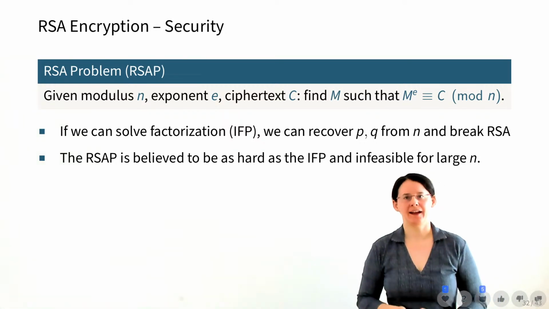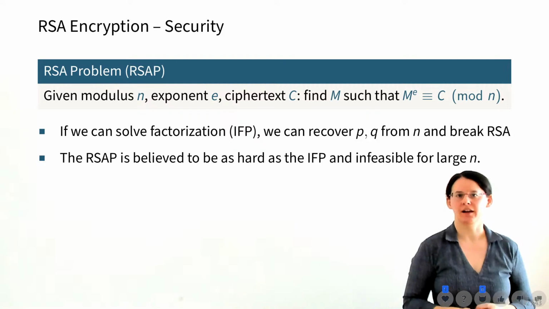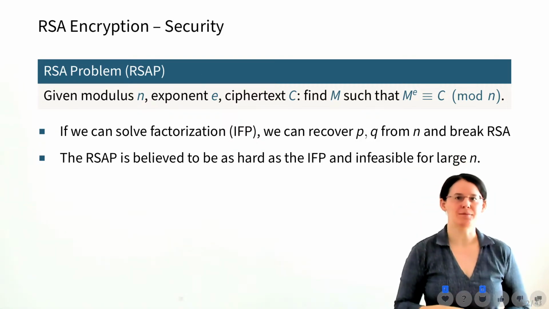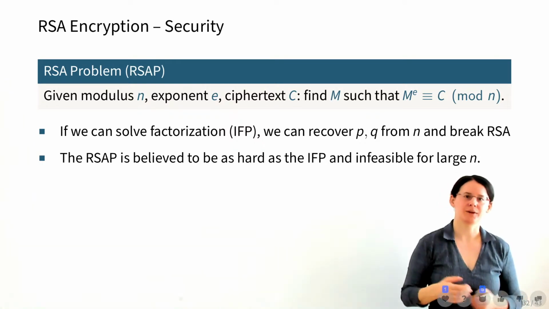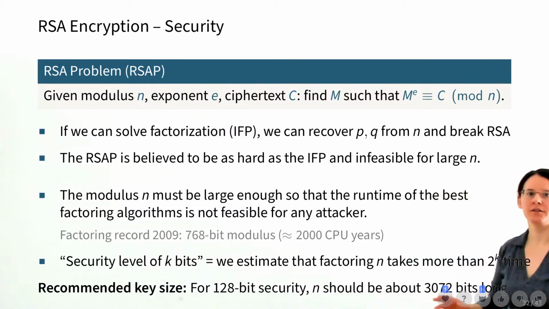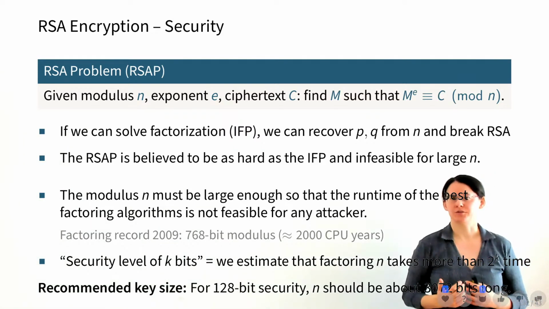And we believe that the factoring problem is infeasible for sufficiently large N, where sufficiently large turns out to be exactly the same kind of sufficiently large as we had in Diffie-Hellman. So in particular, we also want 3000 bit keys for RSA. In fact, the hardness of the factoring problem and the discrete log problem is very closely related.